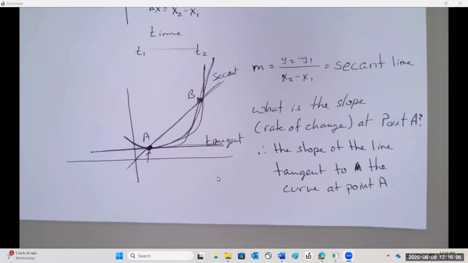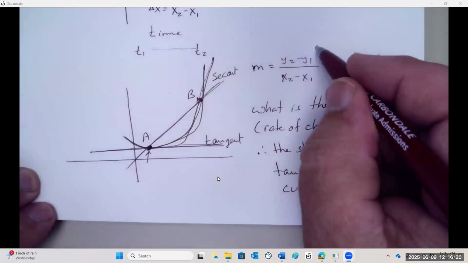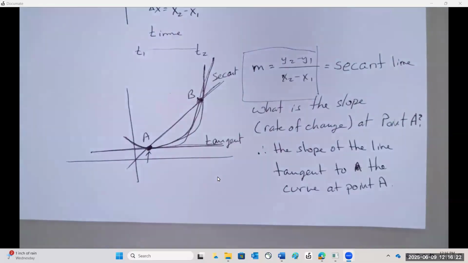How do we do that? Now, what we've done so far, this is not a bad formula.